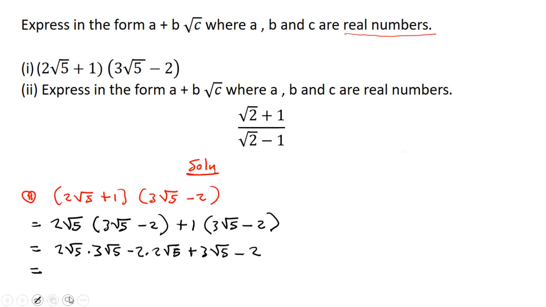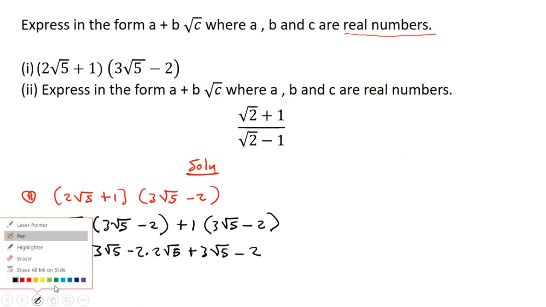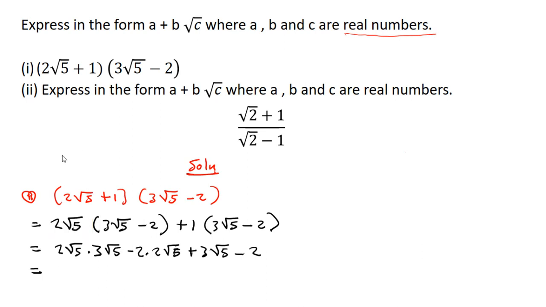Square root 5 will multiply with square root 5. Remember, square root a dot square root a, the answer is a. So square root 5 times square root 5 is 5. 5 times 3 is 15, 15 times 2 is 30. So we have 30 there.